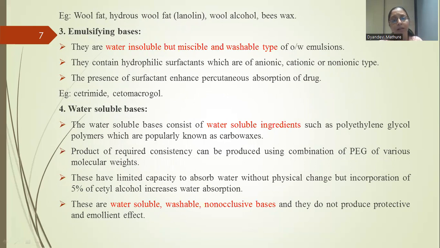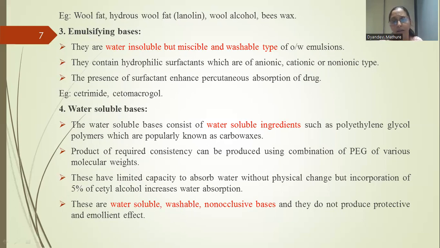Now, what are the examples we have discussed earlier in the classification? Emulsifying bases, basically they contain the surface active agent. So they contain hydrophilic surfactants which are either anionic, cationic or non-ionic type. You know that surfactants are classified as anionic surfactant, cationic surfactant, non-ionic surfactant. And what are surfactants? These are water miscible, or as the surfactants are amphiphilic.